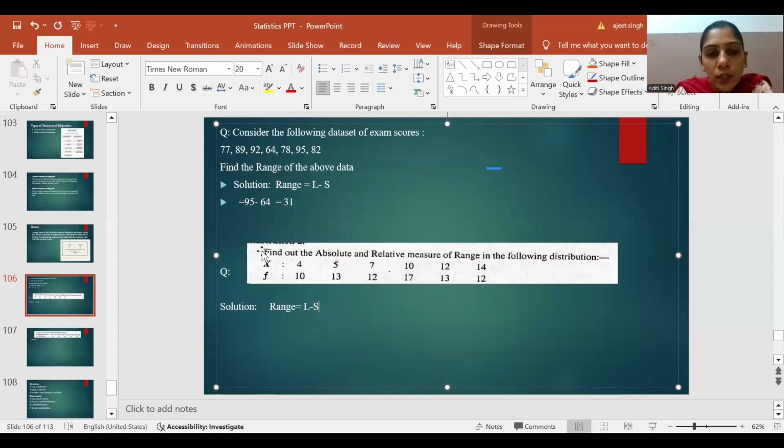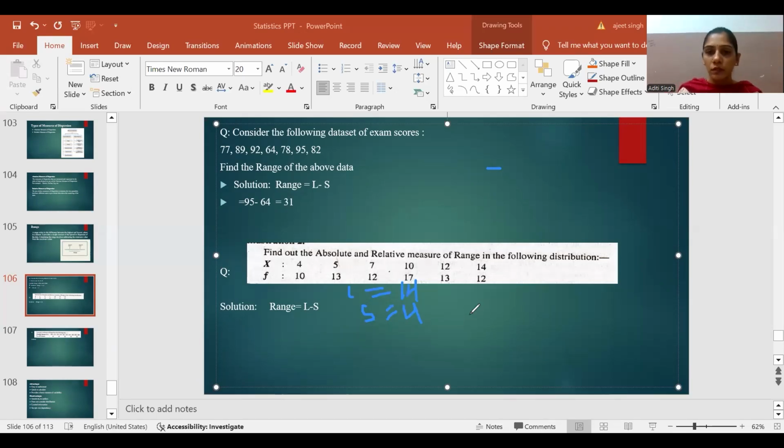In this question, the values of x given are 4, 5, 7, 10, 12, and 14. The largest value is 14 and the smallest value is 4.